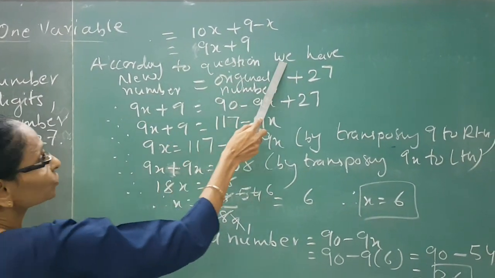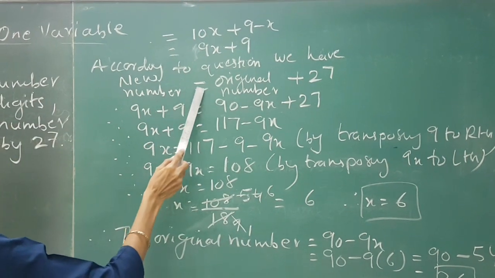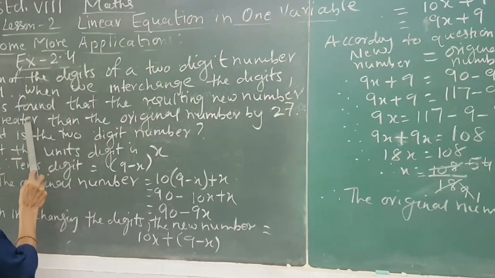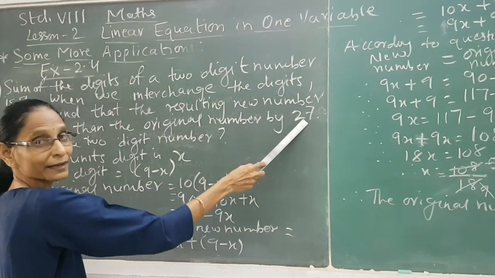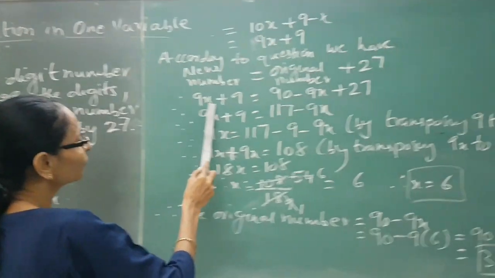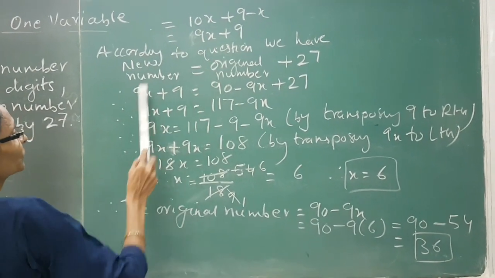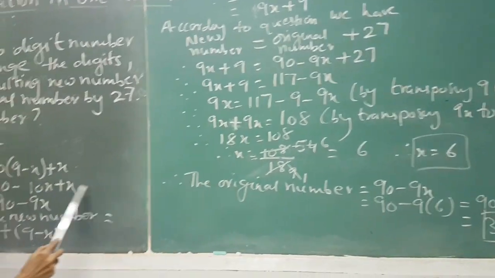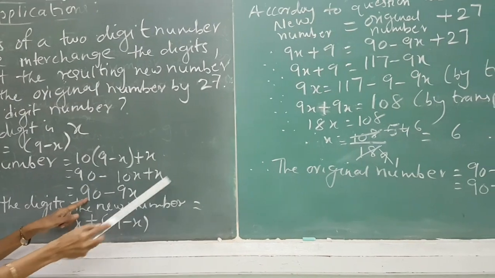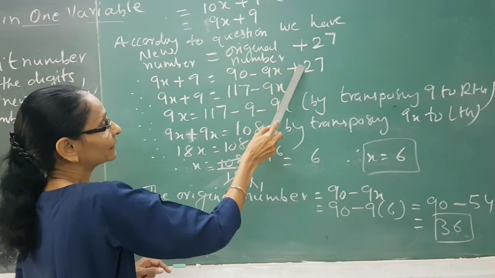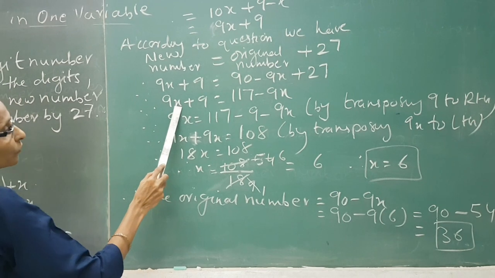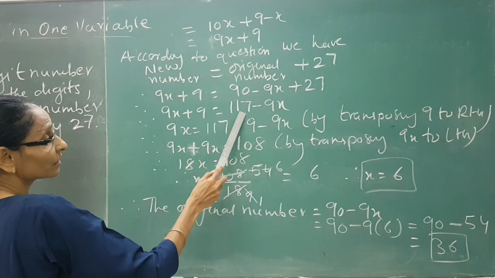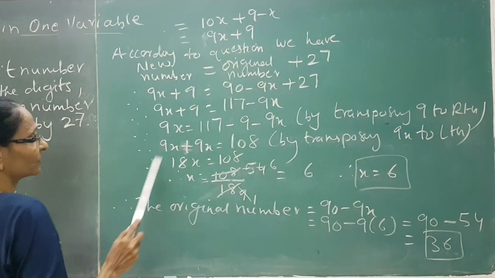Now according to the question, the new number is equal to the original number plus 27. See, they have given it is greater than the original number by 27. Therefore 9x plus 9 is equal to, what was our original number? See here, 90 minus 9x plus 27. Therefore 9x plus 9 is equal to 90 plus 27 is 117 minus 9x.